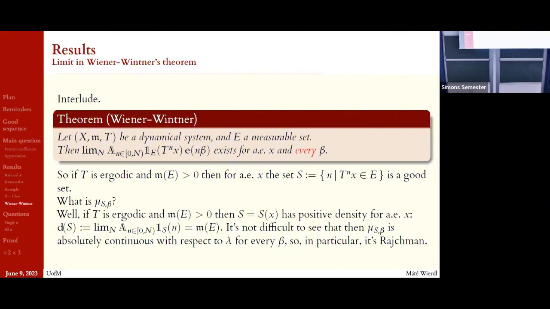Okay, so actually the situation is even more restrictive, because in case of a set with positive density, then not only the limit measure will be absolutely continuous, but the Radon-Nikodym derivative of the limit measure with respect to the Lebesgue measure is a bounded function.